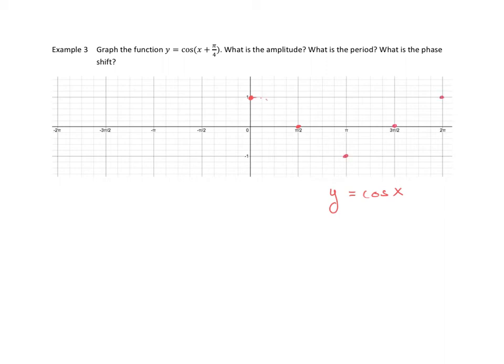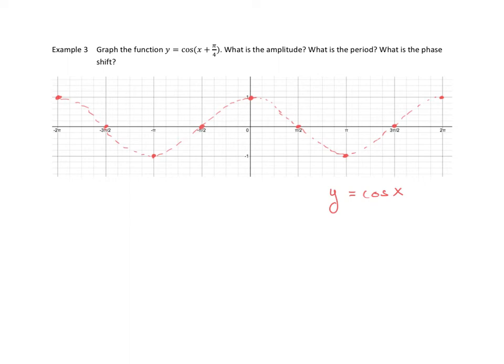So I'll put these main points on here like this. And then it's doing the same thing going in the other direction like this. So this is your main graph of cosine, amplitude of 1 and a period of 2 pi.